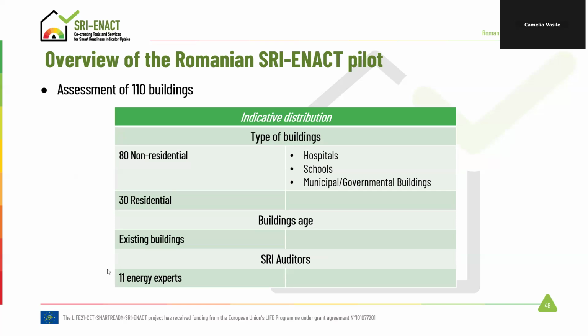These buildings are both non-residential and residential type, mostly non-residential, about 80, which includes hospitals, schools, and municipal or governmental buildings. But of course, these are not limited only to this. We can have also office buildings, commercial buildings, and we can cover the whole range.